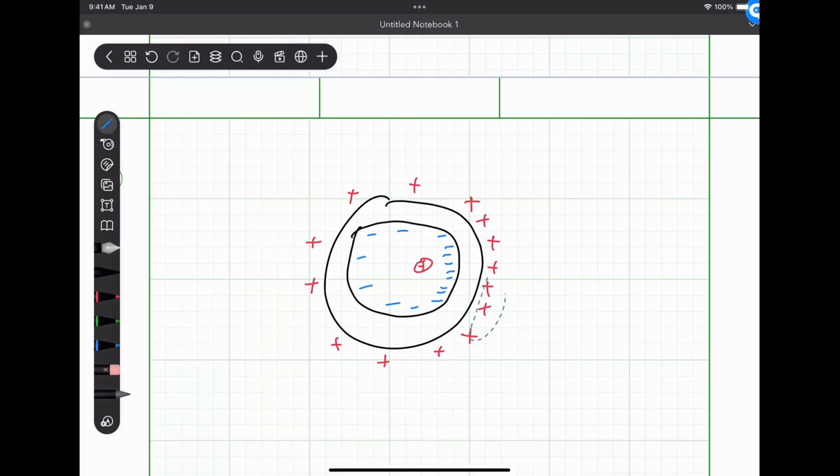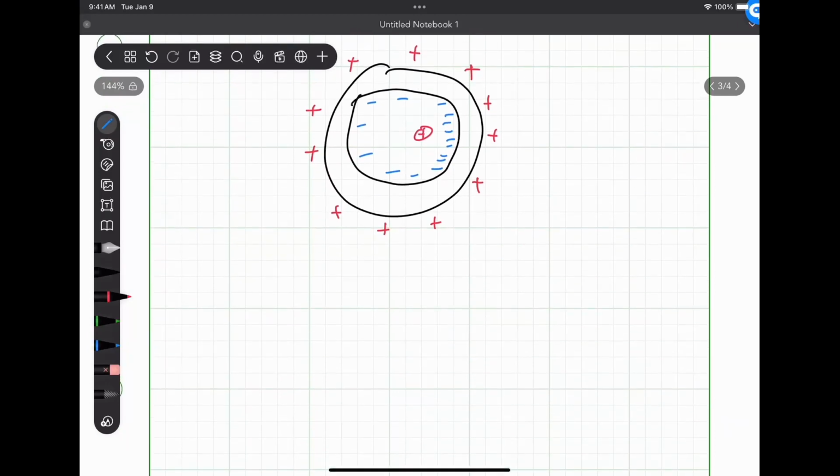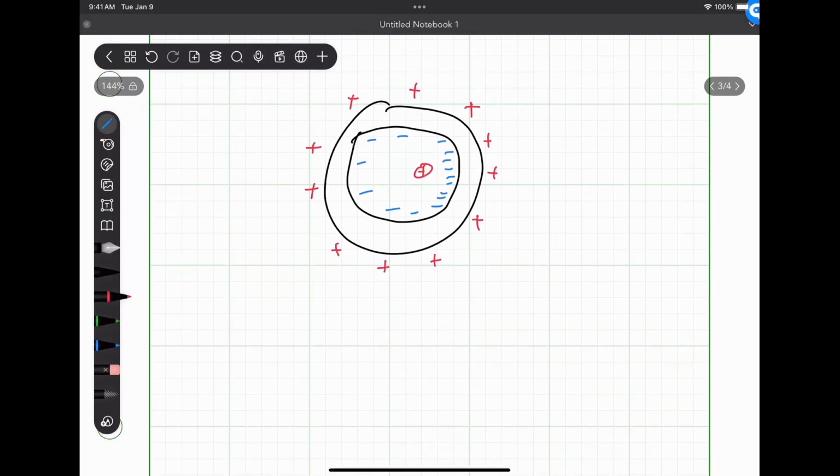So let's just take these charges. They want to move away from each other. So we're just going to become a case where we have an evenly distributed charge on the outside, because these charges won't combine with the negative charge on the inside. Otherwise, that violates our case of having electrostatic equilibrium.